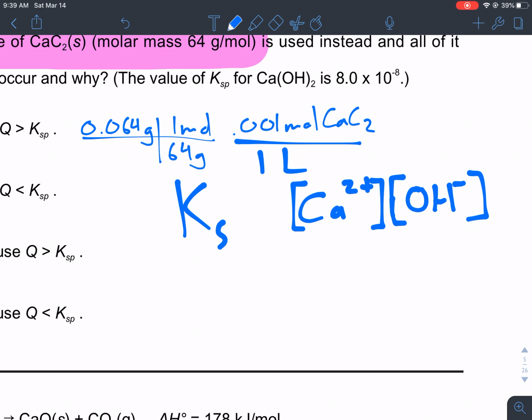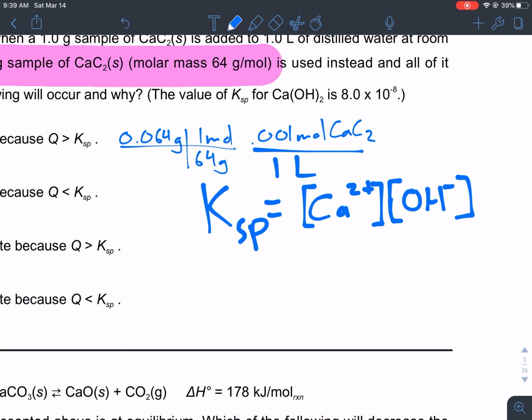I'm talking about Ksp, not the equation. Okay, so Ksp is equal to the decomposition of the Ca2+ and the OH minus, right? So there is no denominator because calcium hydroxide is a solid before it's put in water, so there's no denominator.